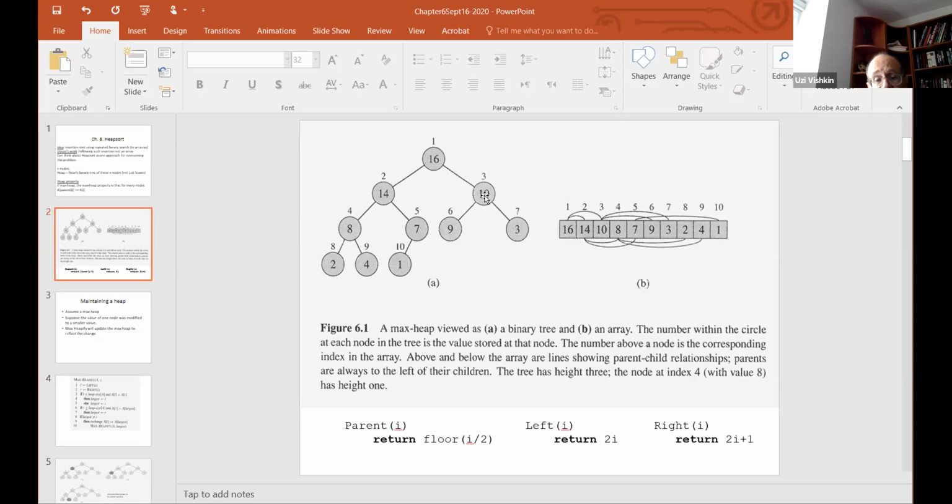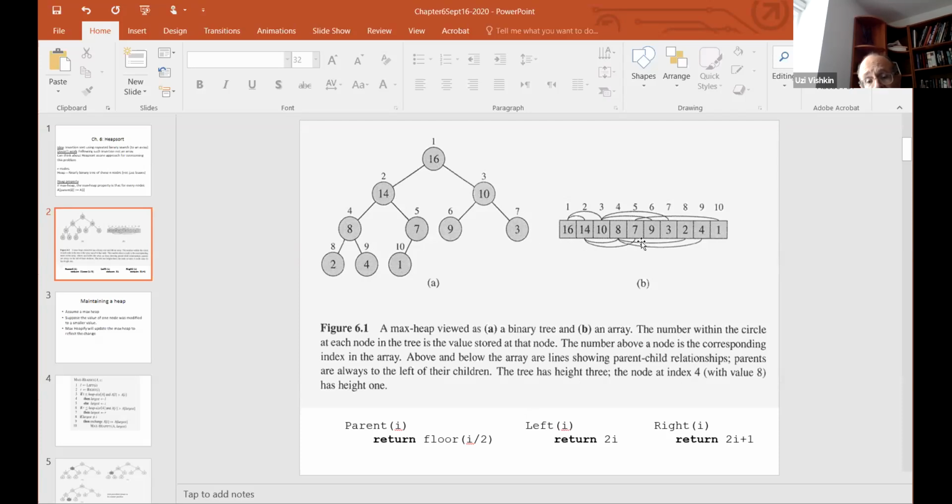Take node 3. Take its index, multiply by 2, and here you find the left child. And indeed, this allows me to map this array directly to the tree.